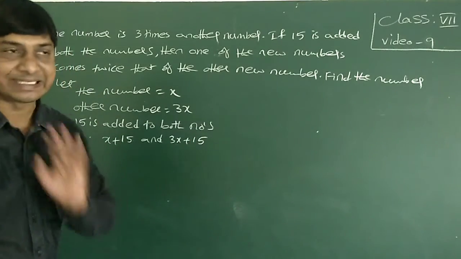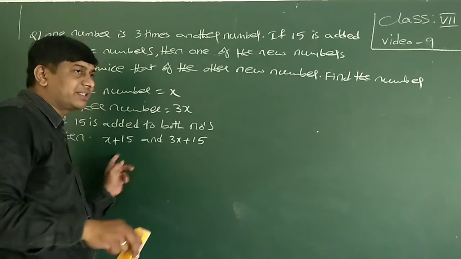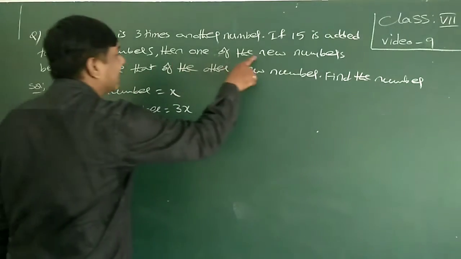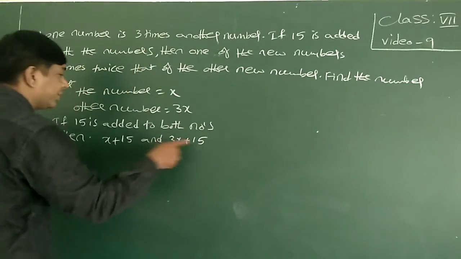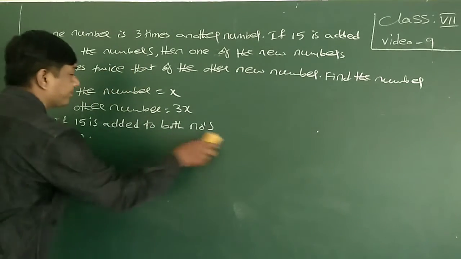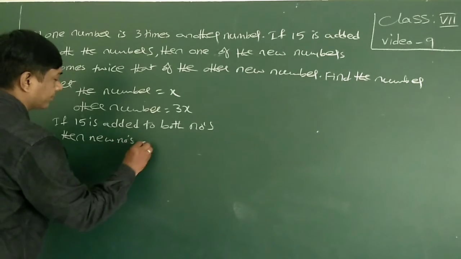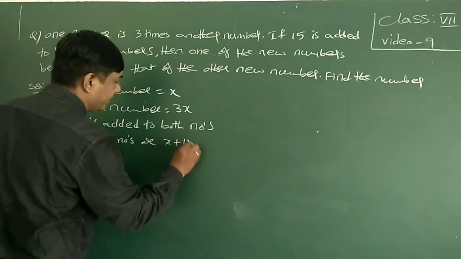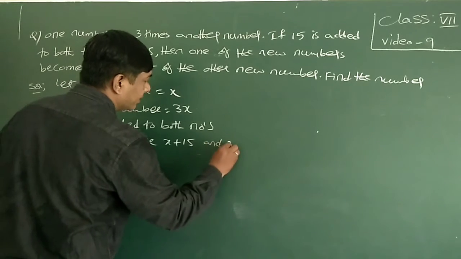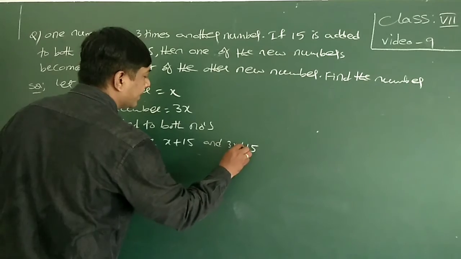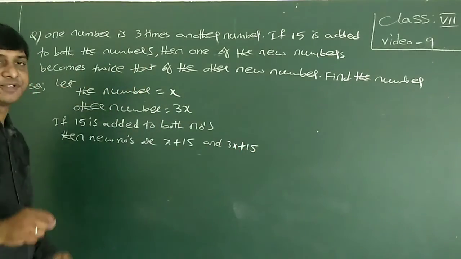After adding 15, these are the two new numbers: x plus 15 and 3x plus 15. Try to understand the concept clearly. Don't confuse yourself.